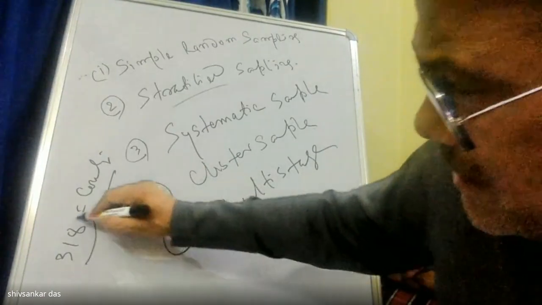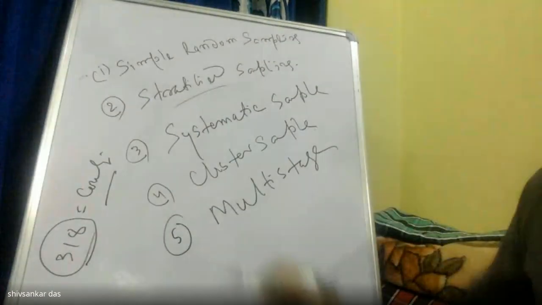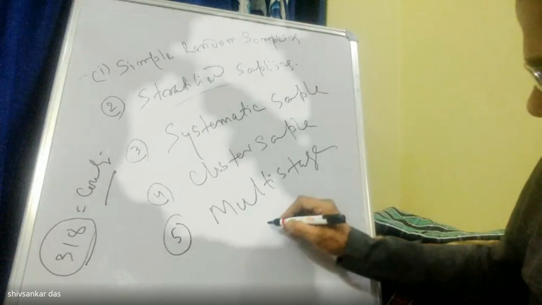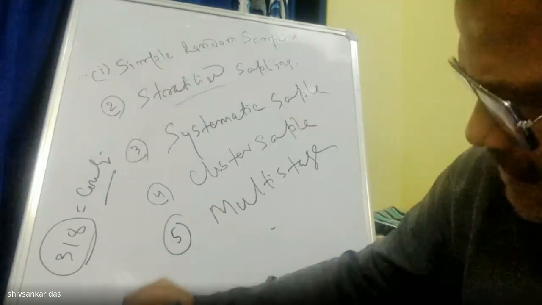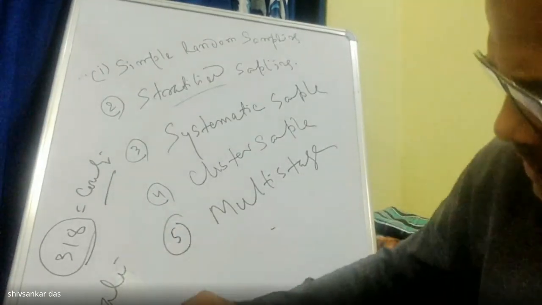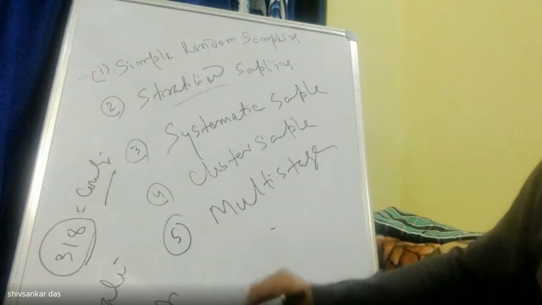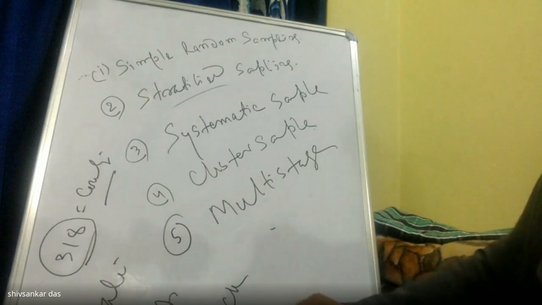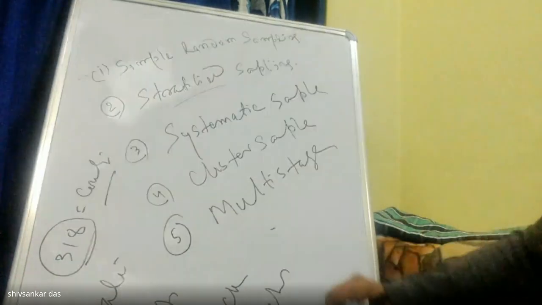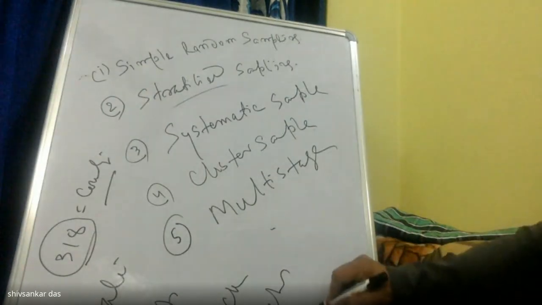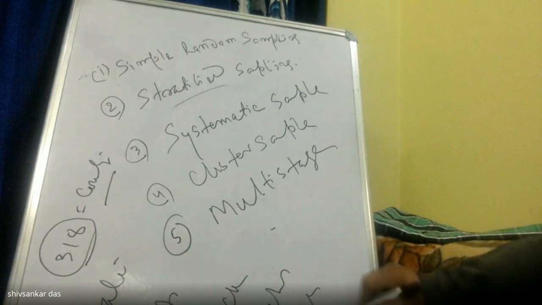How will you select the 318 districts? First state selection, then district, block, panchayat, village, and household.